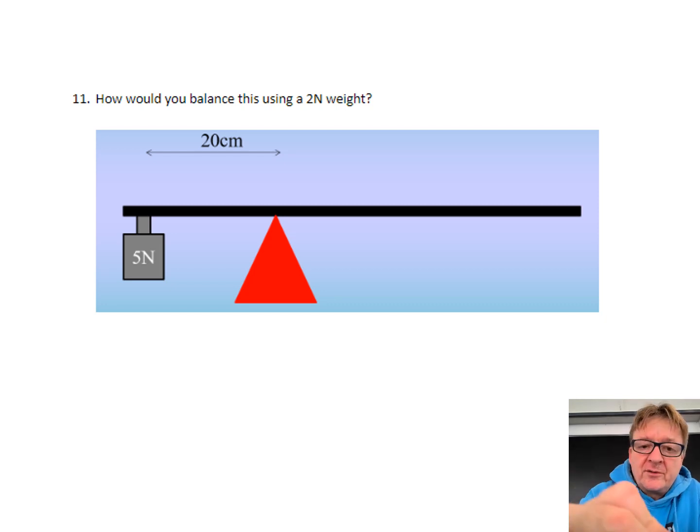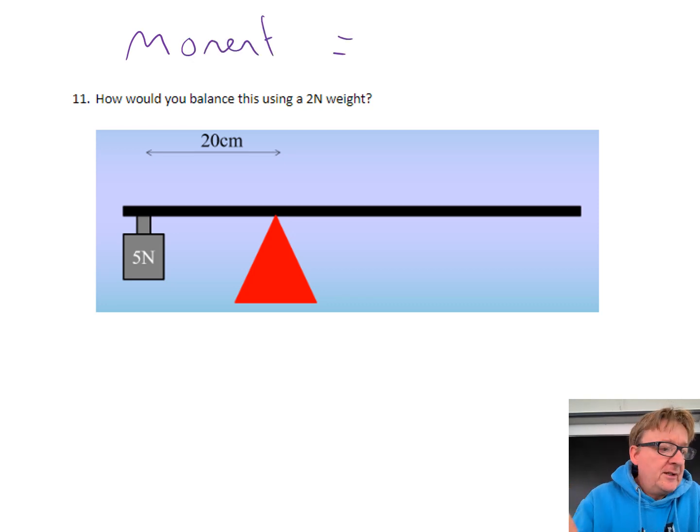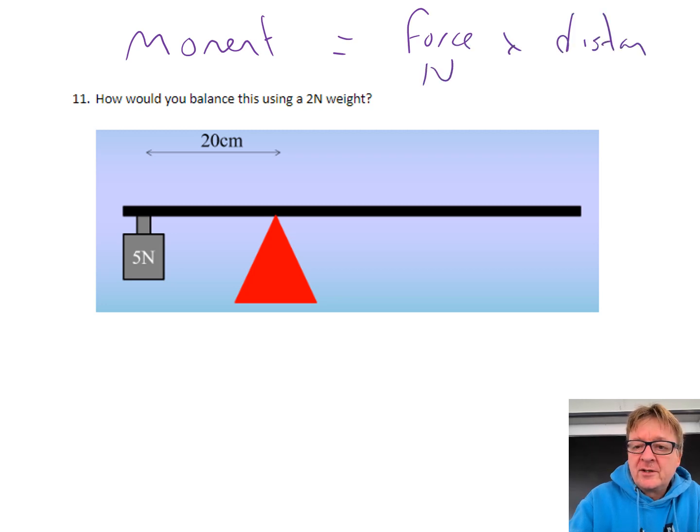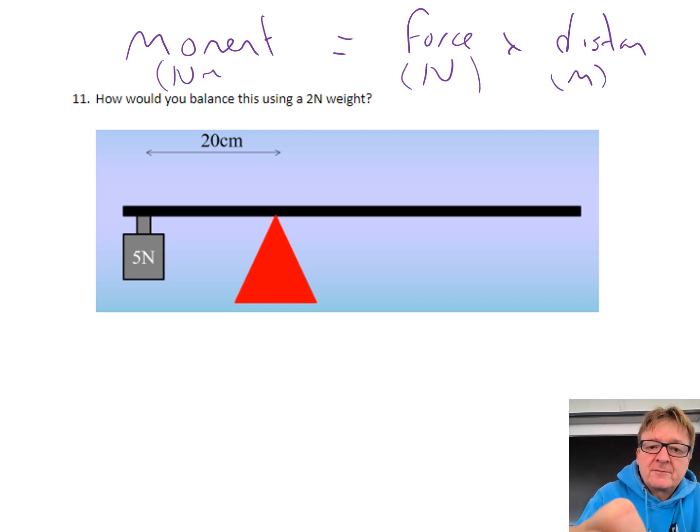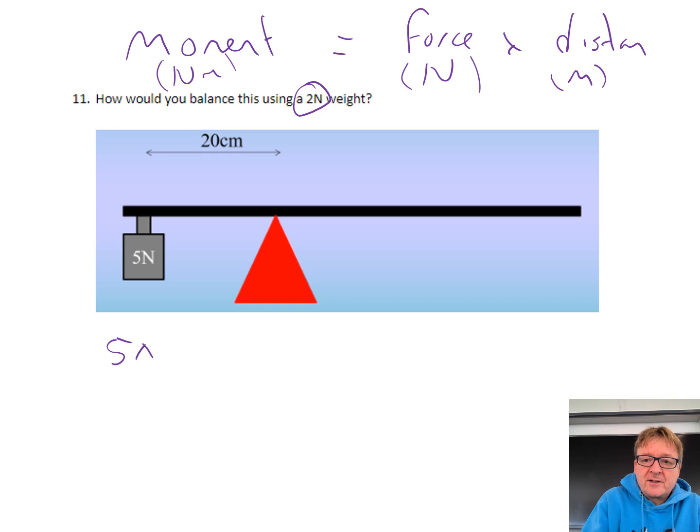Right, so the equation that we're using in this is moment, which is what we just talked about, equals force times distance. Okay, so force is in newtons, distance is in meters. So a moment is in Newton meters. So 5 newtons there, 20 centimeters. I've got a 2 Newton mass. So the moment on this side is 5 times, well, I could do it in centimeters for now, 5 times 20 is 100.